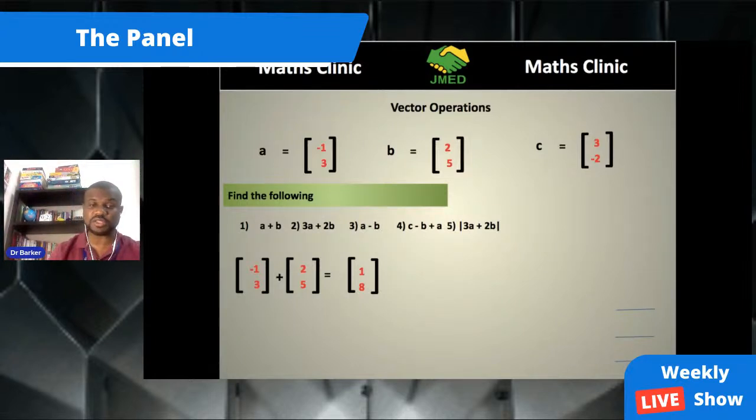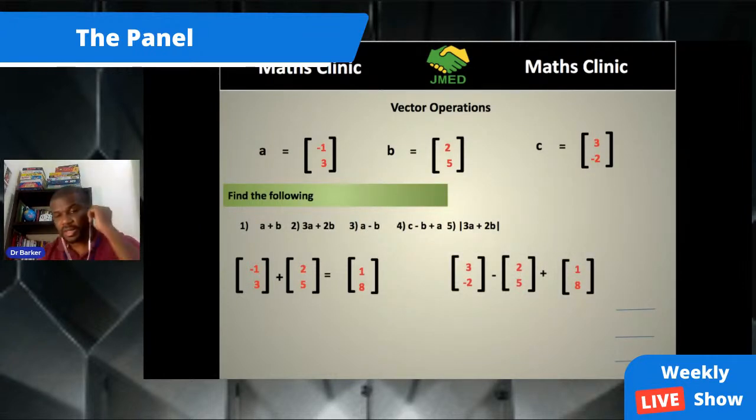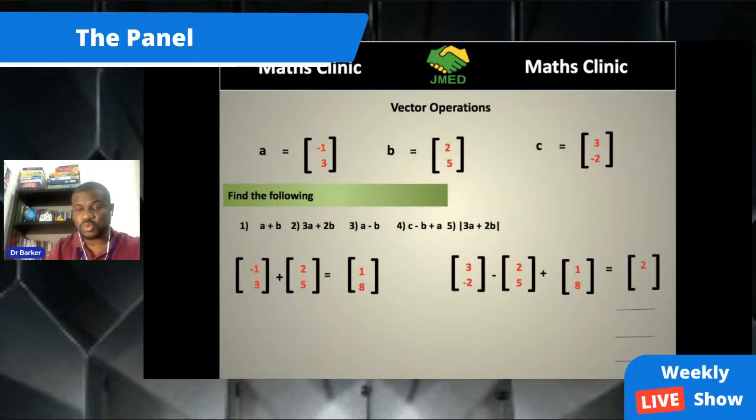Similar to matrices, if you're asked to find 3A plus 2B, we just need to, okay, I think I did this one first. So this is C. Sorry, I might have put them in the wrong order. So C minus B plus A. I actually ended up doing number 4 first. Doesn't matter. So let's go through that. 3 minus 2 plus 1, that should give you, I think, 2.